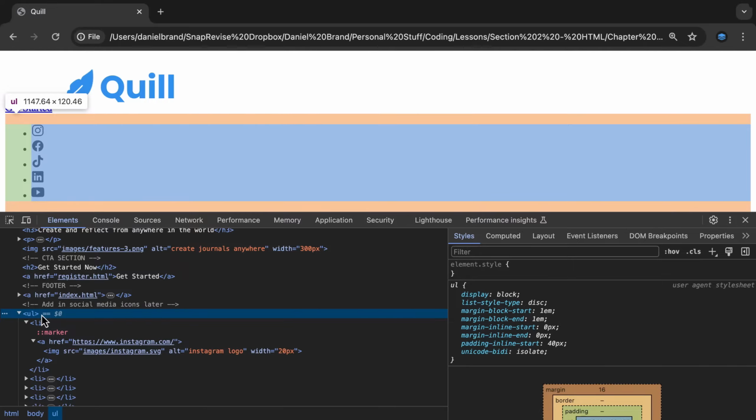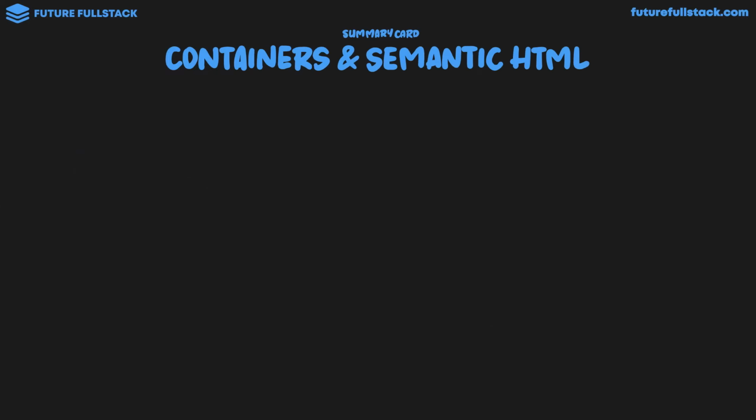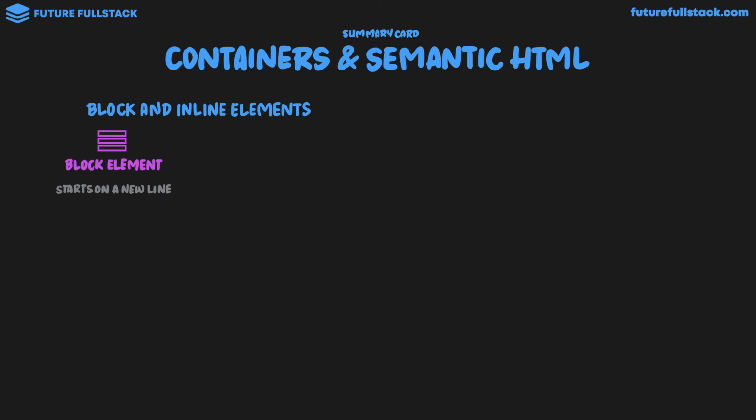So let's summarize this chapter and start to build out the summary card for this topic, called Containers and Semantic HTML. We covered block and inline elements. We started with block elements, which always start on a new line, and they take up the full width of the page. We saw examples of block elements like headings, paragraphs, unordered lists, and list tags.